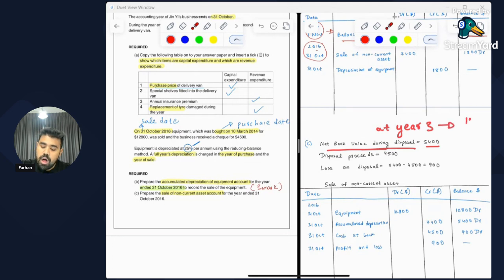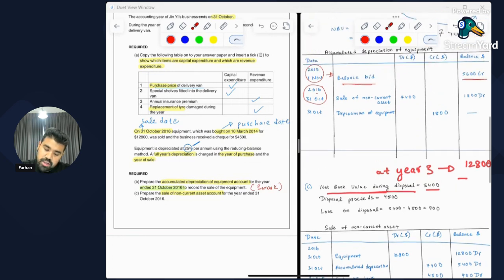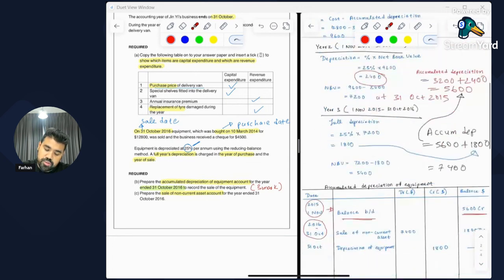So the original cost was 12,800, which was the amount that we paid to buy this asset on 10 March 2014, right? Okay. In the first year, we had got depreciation of how much? It should be, I think, let me just scroll back up, 3,200.